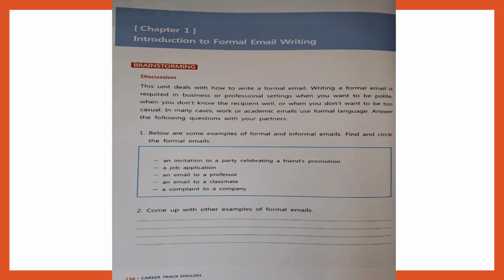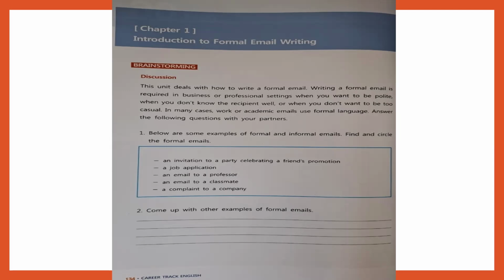Answer the following questions. Well, I don't think you're with a partner, so by yourself. Now, first of all, before we read the question, I just want to talk about the first paragraph. There is the word recipient, and if that word is a new word for you, recipient comes from the word receive.